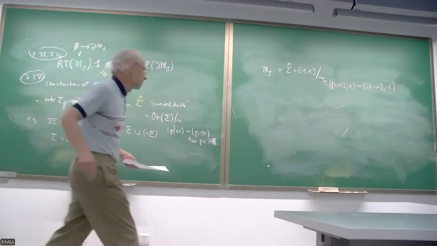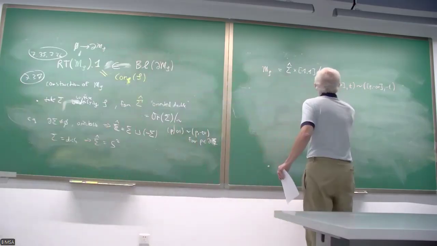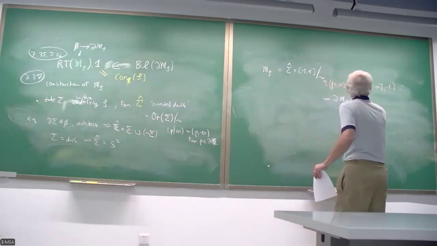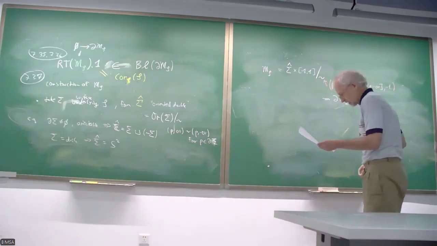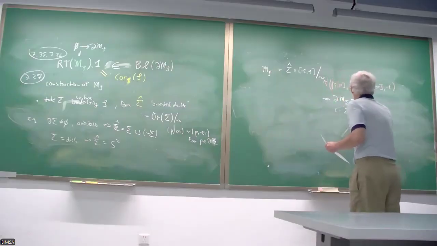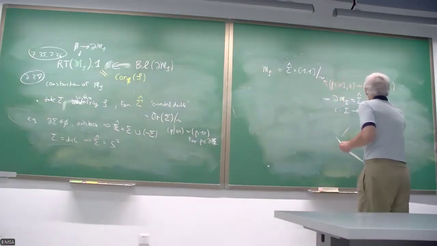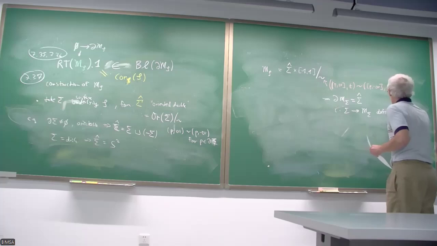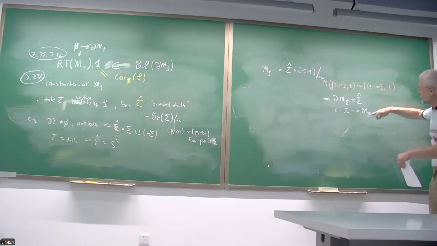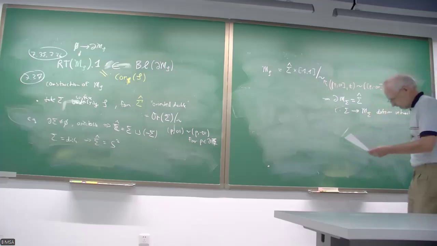And one thing you can notice here is the boundary of M sigma, by definition, by construction, is sigma hat, and also there's a natural embedding of sigma into M sigma as a deformation retract. And correspondingly, there's a projection of M sigma to sigma.